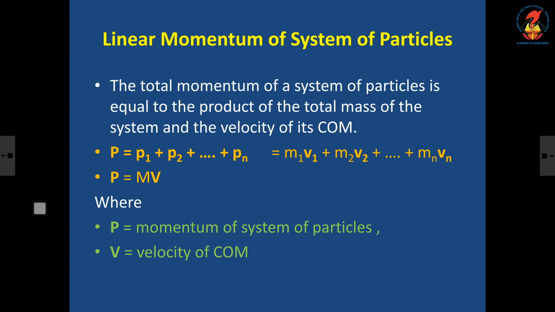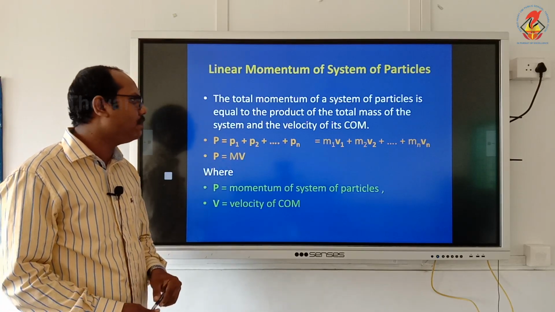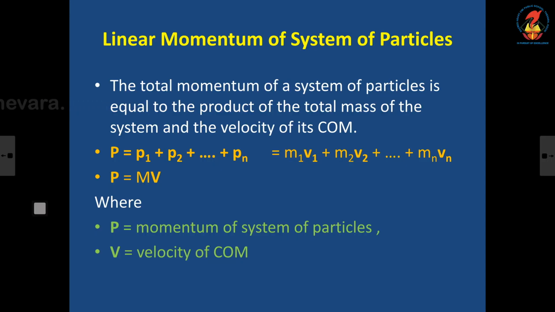The linear momentum of a system of particles is the total momentum of the system of particles, and it is equal to the product of the total mass of the system and the velocity of its center of mass. So I will be writing P is equal to P1 plus P2 plus P3 and so on up to Pn. What is this P actually?